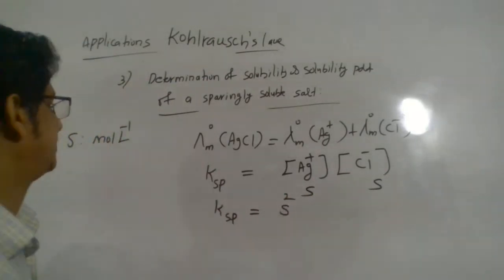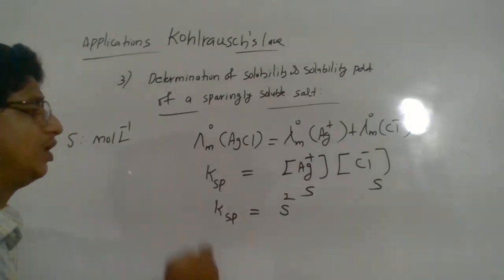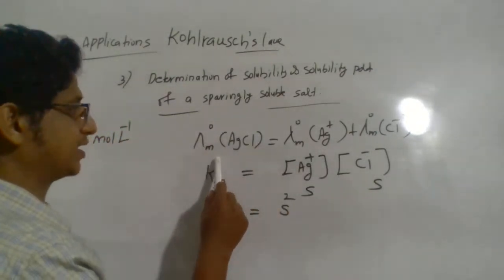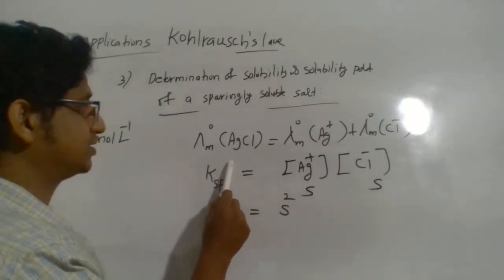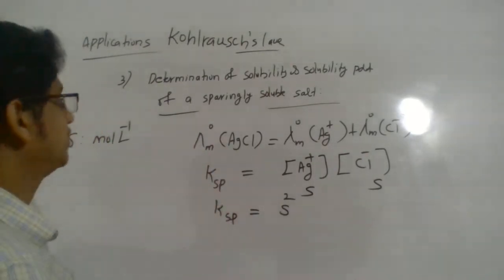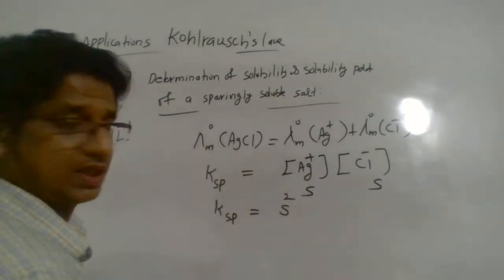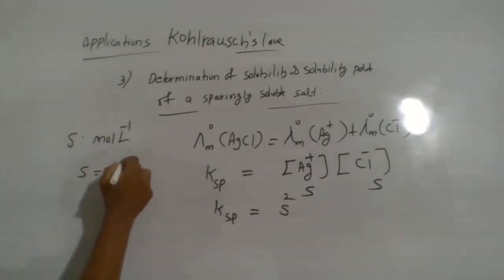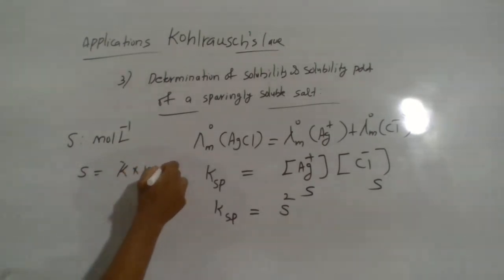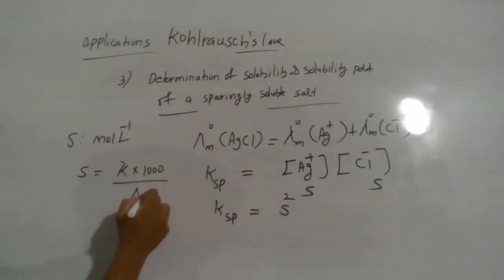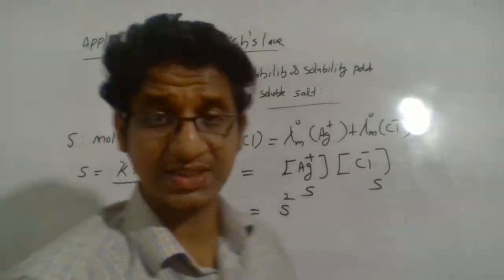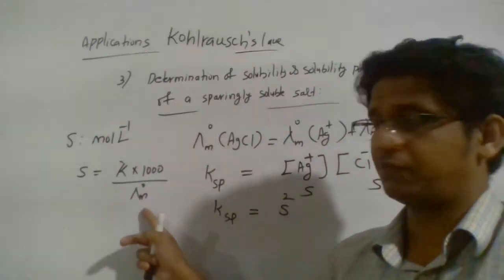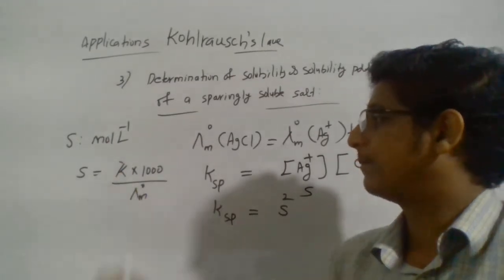Let me get back to the point. If we have the molar conductivity of a sparingly soluble salt at infinite dilution, you can first find the solubility. How? Solubility will be equal to kappa into 1000 divided by lambda m0. That is, you need the molar conductivity at infinite dilution value and the conductivity value.